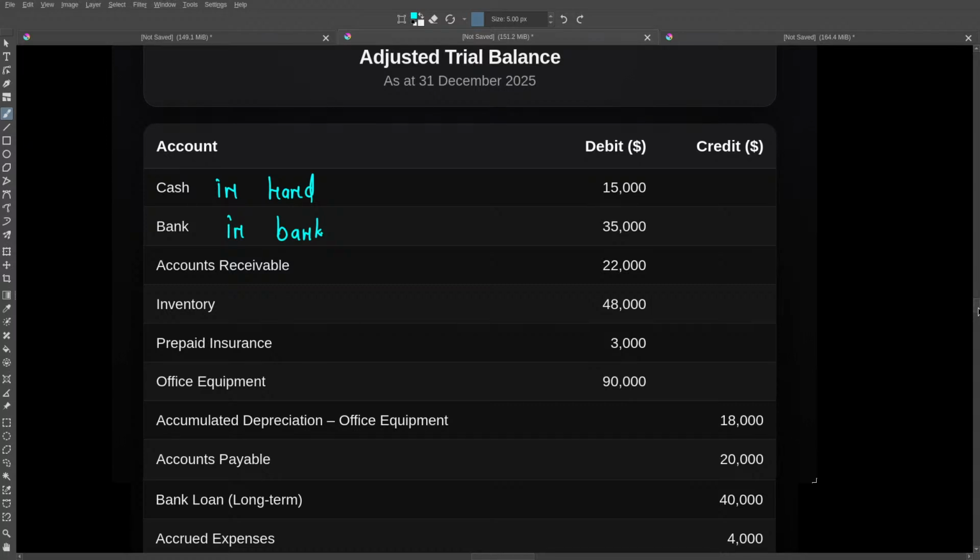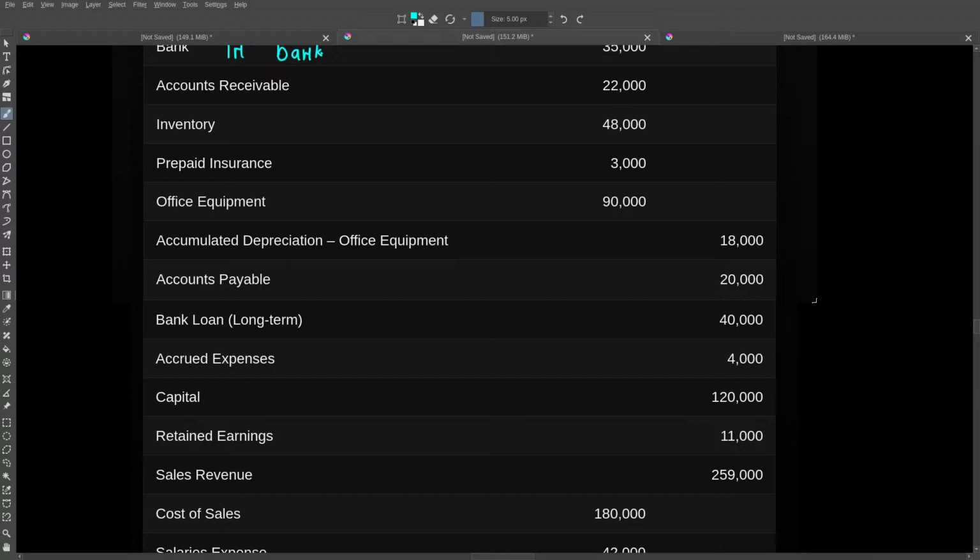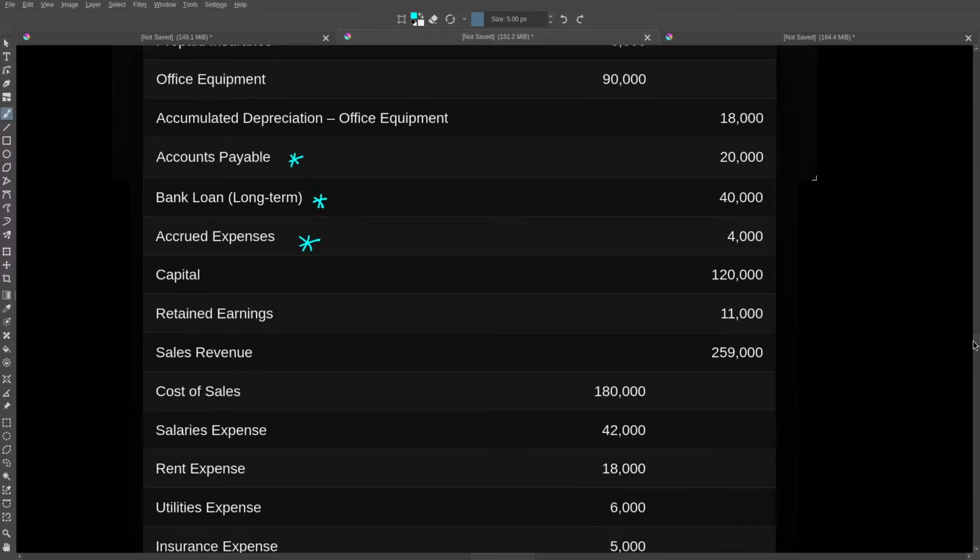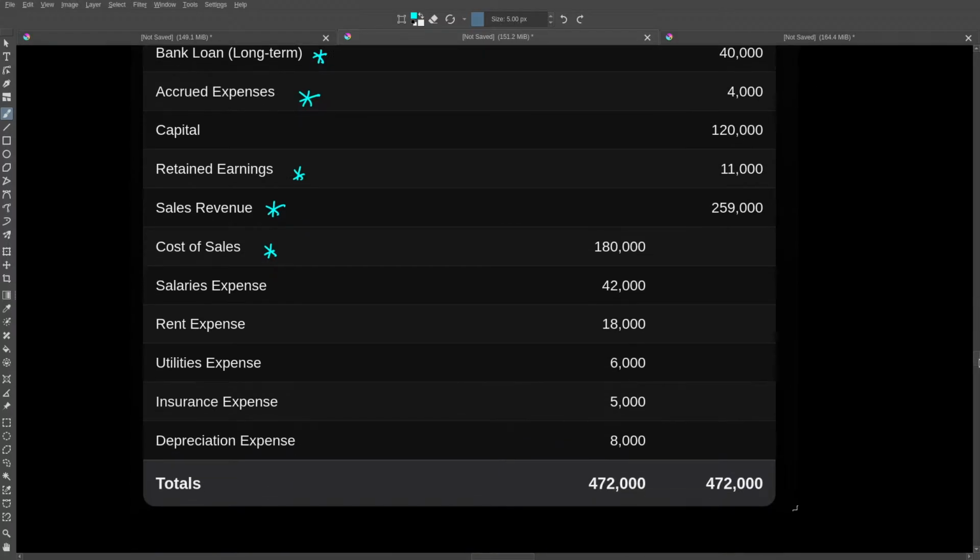Then we have accumulated depreciation. We have accounts payable, bank loan, which is long term, accrued expenses, and capital. Then we have retained earnings. Then we have sales revenue, cost of sales. We have salaries expenses, rent expenses, utility expenses, insurance expenses, depreciation expense.